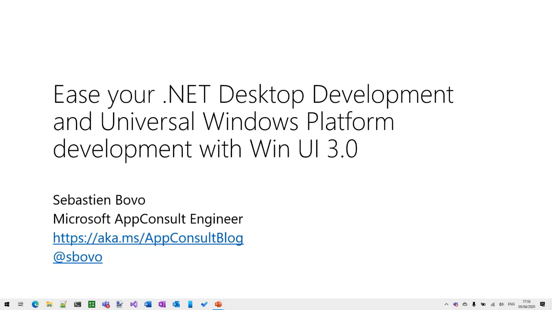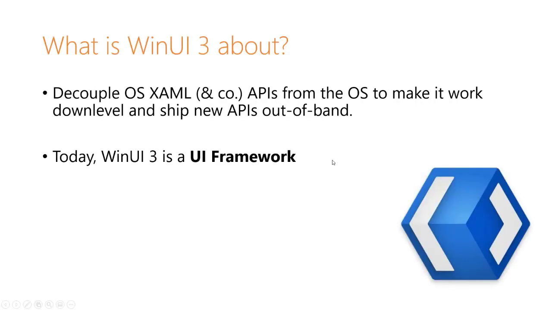It is about using the new XAML platform WinUI 3 inside desktop applications and also UWP applications. So what we want to do with WinUI 3 is decouple the XAML platform from the OS.